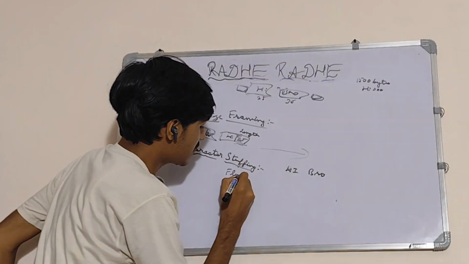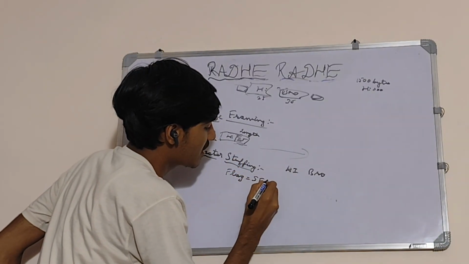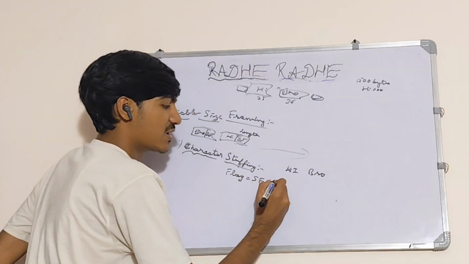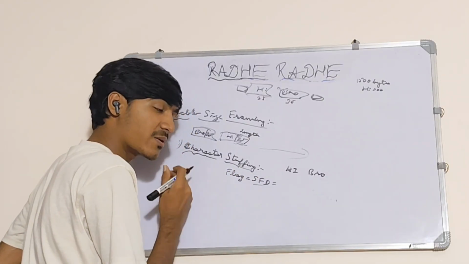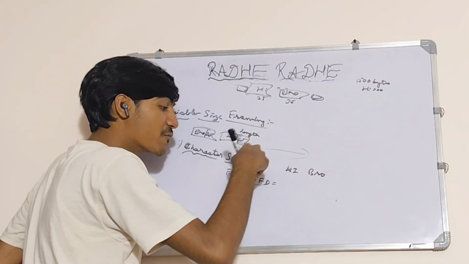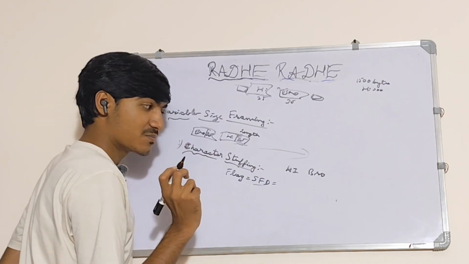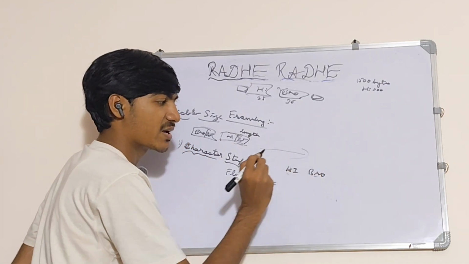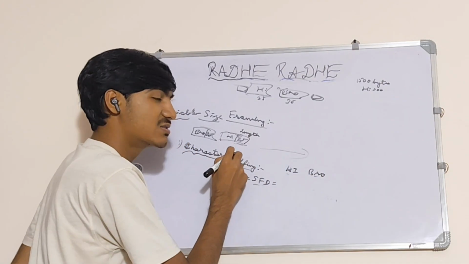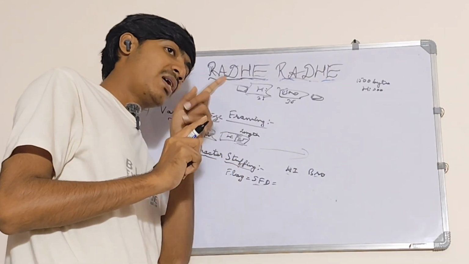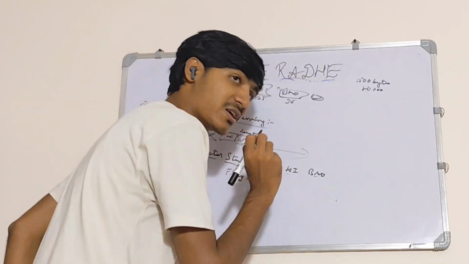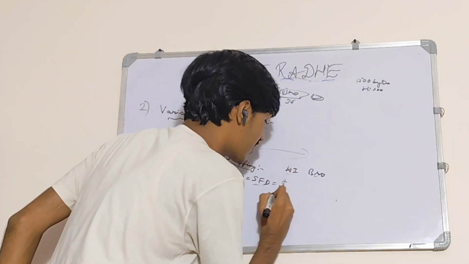The flag here is called the start frame delimiter, which marks the starting point and the ending point of the frame, and here it is a character. Suppose you are sending "hi bro", and they follow a mechanism saying I will mark the starting of the frame using a special character called dollar.